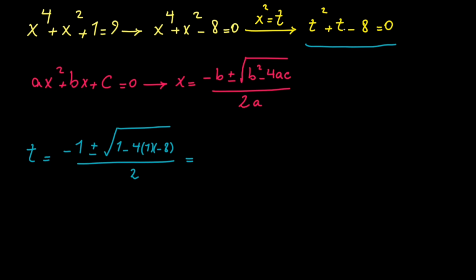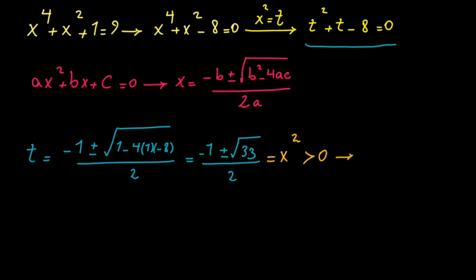And it means we have minus 1 positive and negative square root of 33 over 2, and that's t. And we know that t was equal to x squared, but we know that x squared is always positive, and you know that negative 1 minus the square root of 33 is always negative. So it can't be our answer.